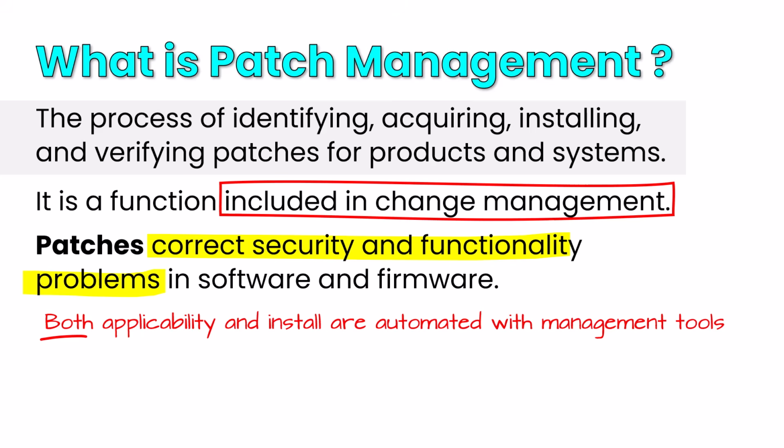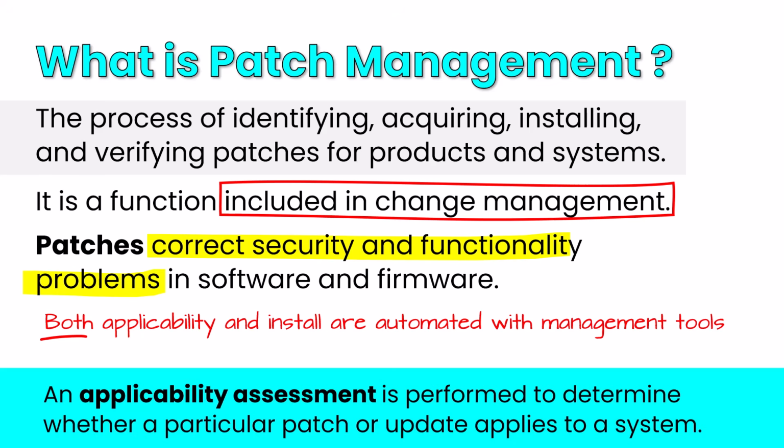Both applicability and install are often automated with management tools. An applicability assessment is performed to determine whether a particular patch or update actually applies to a system before an attempt is made to install that patch. You'll sometimes see patch management referred to as update management.